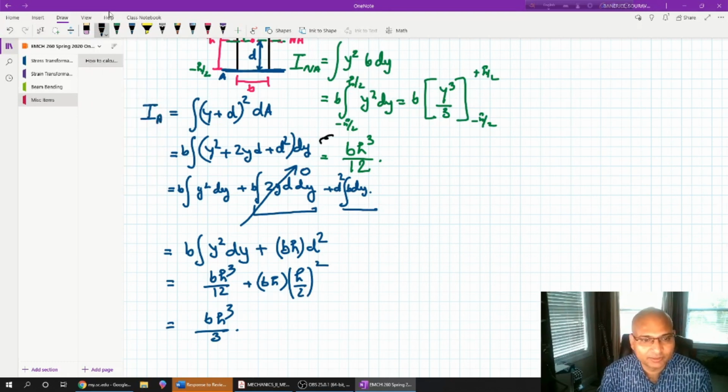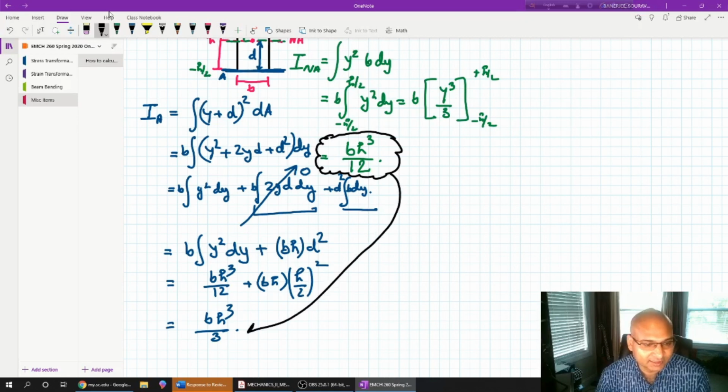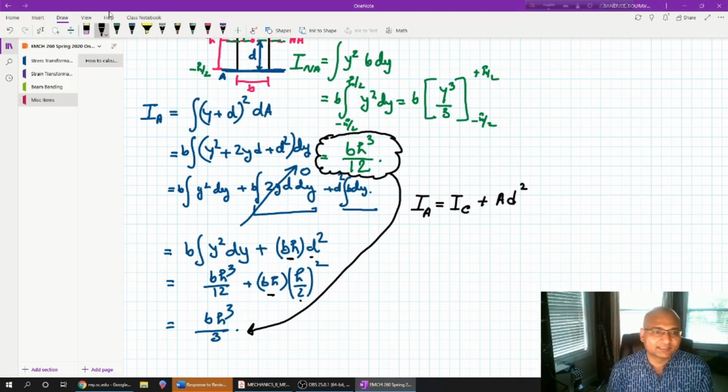In order to move the centroidal axis to somewhere else at a distance of d, then we write A into d square. This is A and this is d square. So in a generalized way, we can write any arbitrary axis moment of inertia is equal to the moment of inertia with respect to the centroidal axis plus area of the section into the distance between two axes.